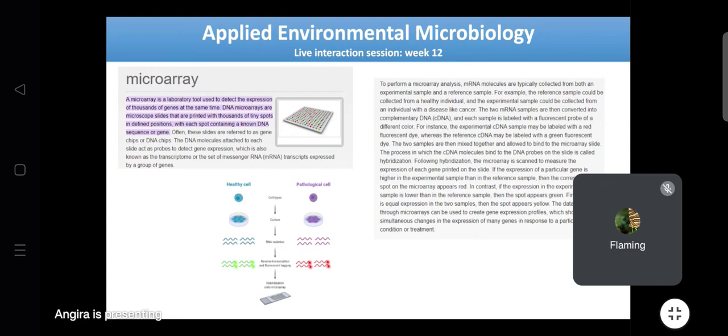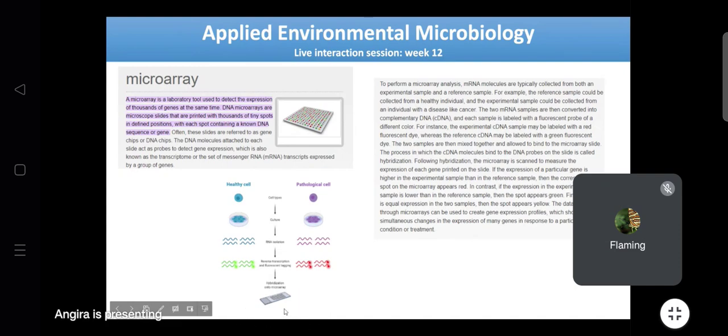Now the two mRNA samples are then converted into complementary cDNA, and each of these samples is labeled with a fluorescent probe of different color. Now if you take an example, the experimental cDNA sample can be labeled as green fluorescent dye, and the two samples are then mixed together and allowed to bind on the microarray slides.